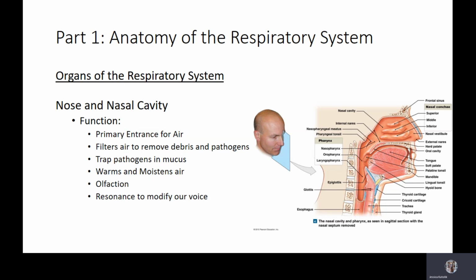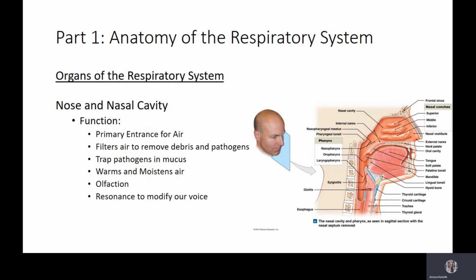Another thing that the nasal cavity and also the paranasal sinuses will do is help modify our voice. As sound is traveling through these areas of our skull, they will vibrate with the resonant frequency of the sound, and it will help create our unique voice.